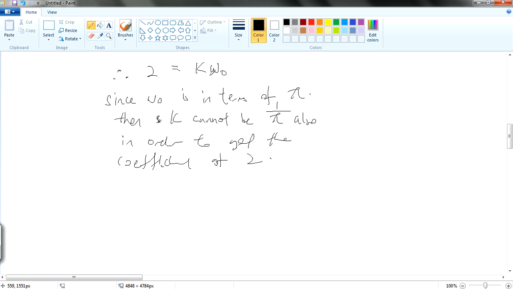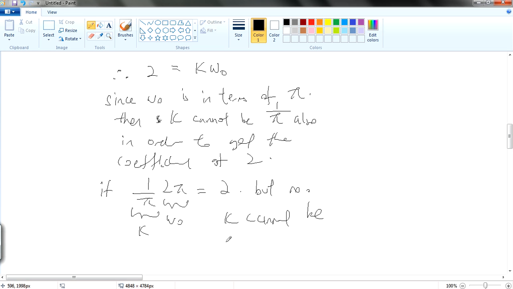What I mean is that, let's say if k is 1 over pi and omega is 2 pi, at least we can get 2, right? But no, k cannot be anything of pi. So this is the point that I'm so stuck with.